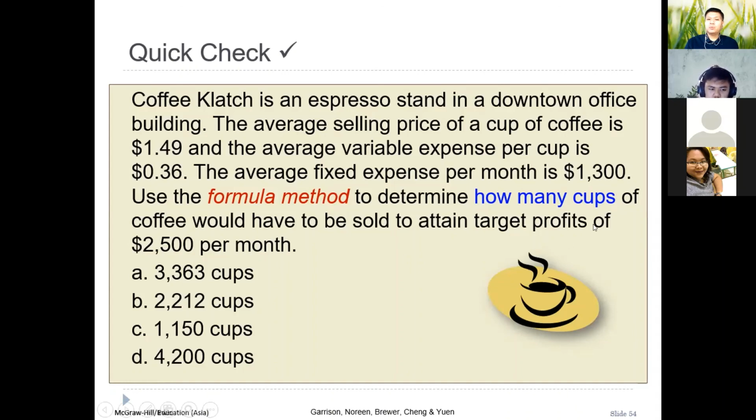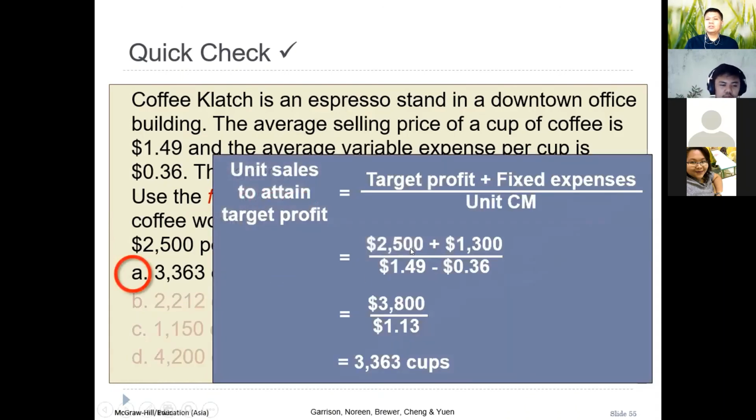Tama ba? 1.3 plus 2.5 divided by 1.13. Yeah. So 2.5 plus 1.3, that's 3,800 divided by 1.13. And you will have to sell 3,363 cups in order to get a net profit of magkano? $2,500.